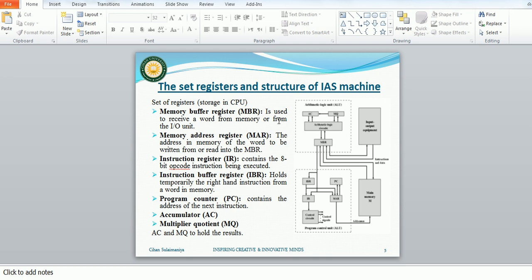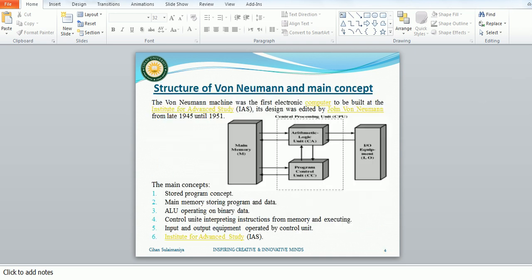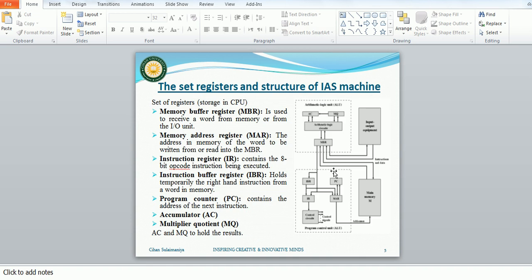I will not require you to say what each register does. Just draw the registers of IAS, which is the register set of the von Neumann diagram, by the way, and give the abbreviation or the name for each register. That's it. I will not ask you for the definition of each register.